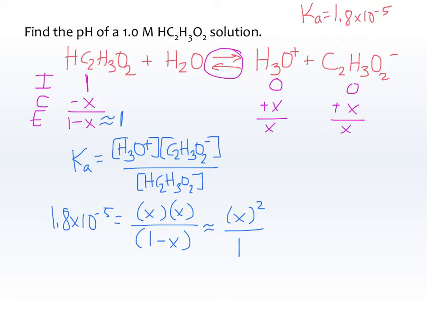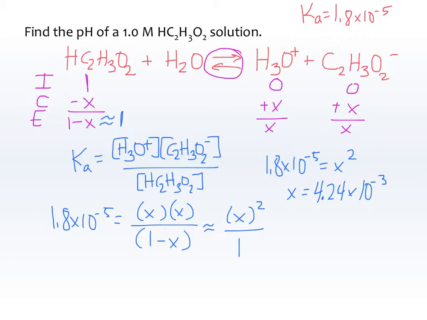So 1.8 times 10 to the negative 5 times 1 is 1.8 times 10 to the negative 5. That's equal to X squared. Take the square root of both sides. X is equal to 4.24 times 10 to the negative 3.